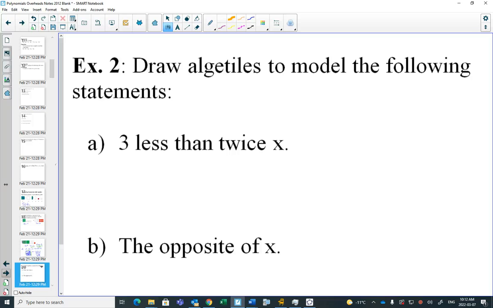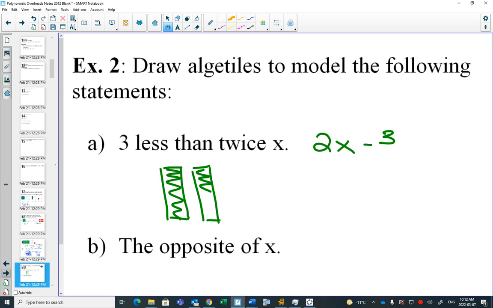Minus. So we want to take twice x, which is 2x, and 3 less, we would minus 3. Now, how would we draw that in Algetiles? We would have 2 x's, and it doesn't matter if you draw them vertically or lying on their side horizontally, or even diagonally. And then the 3's, does it make sense? We wouldn't shade those ones in.